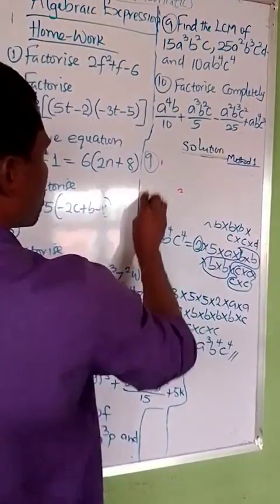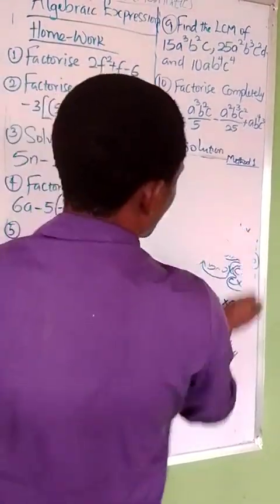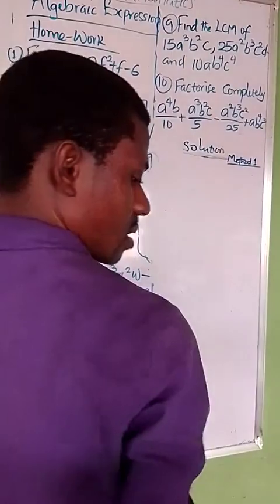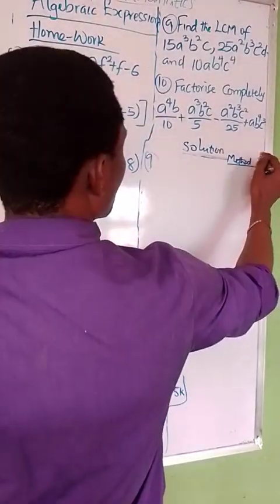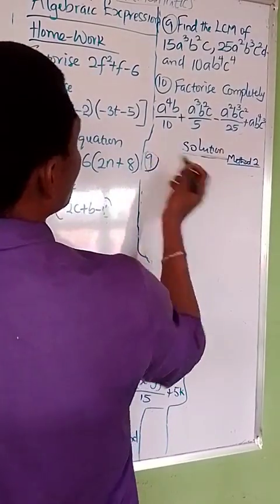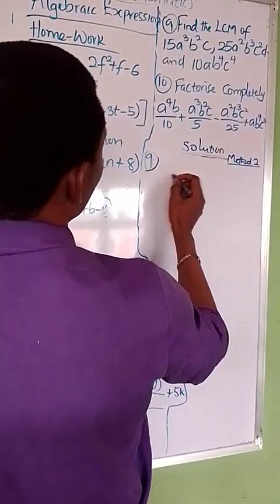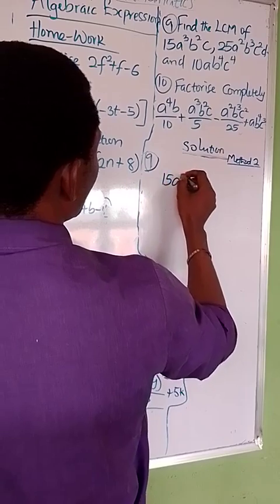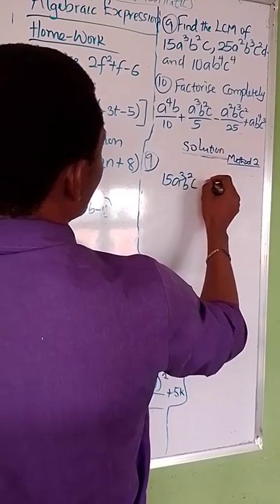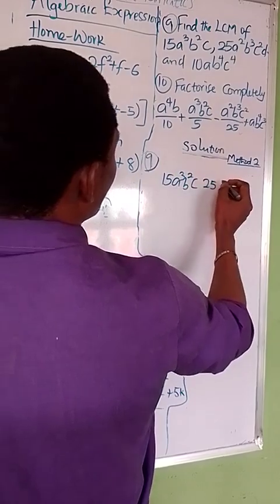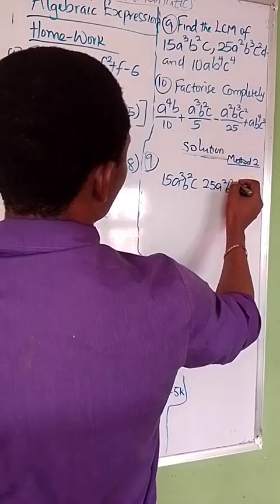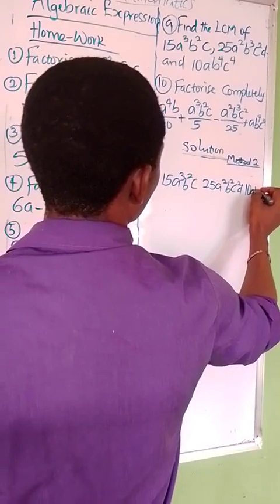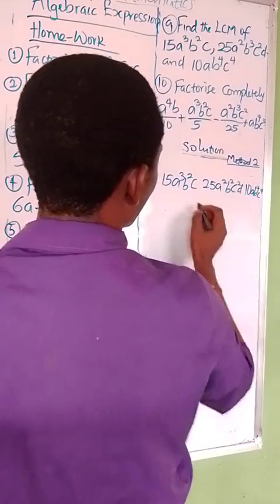Alright, method 2. That's method 1. Method 2. So we have 15a cubed b squared c, 25a squared b, and 10ab to the power 4 c to the power 4.